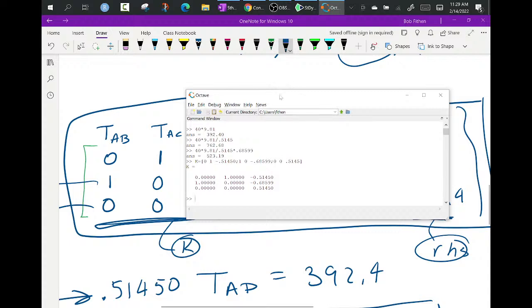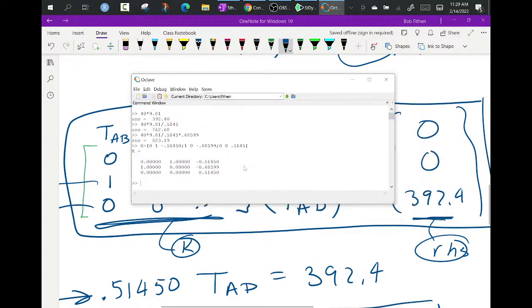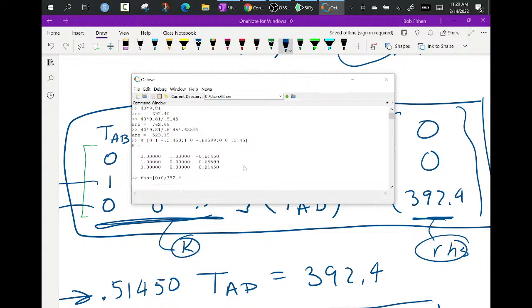My right-hand side is pretty simple. Right-hand side is equal to nothing, next row, nothing, next row, 392.4. Oh, I forgot to put the square bracket to end it. Okay, there's my right-hand side. So now I do the inverse of K times the right-hand side.